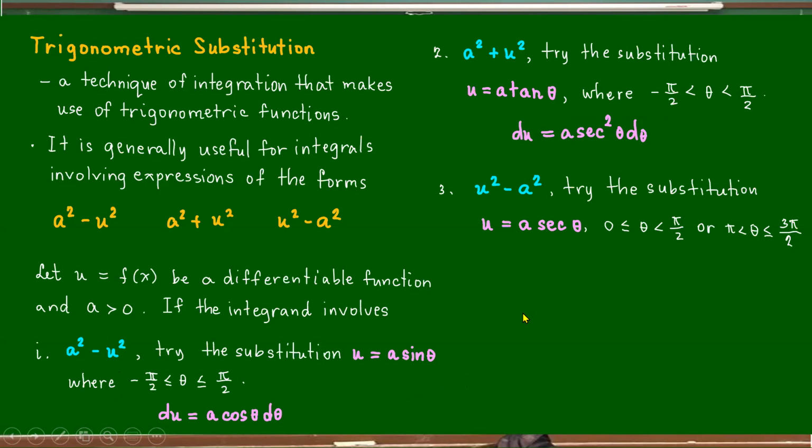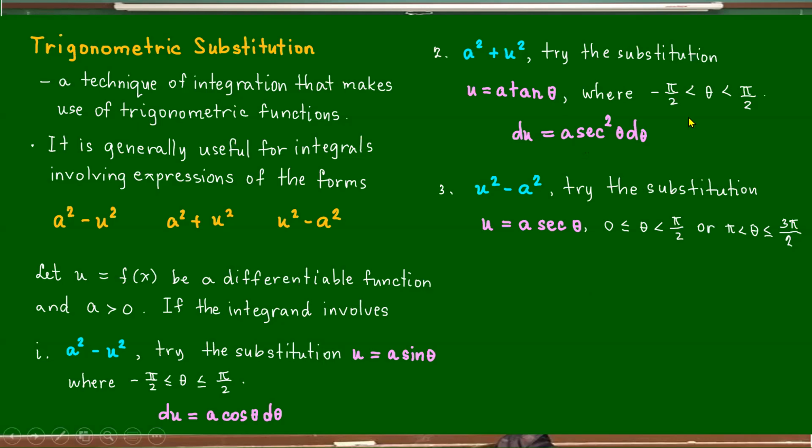So no need for the absolute value of cosine theta when you get rid of the radical.